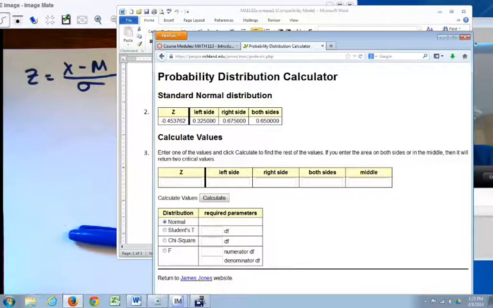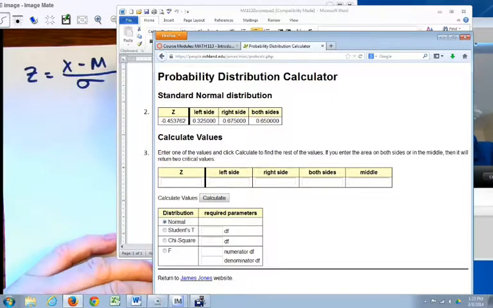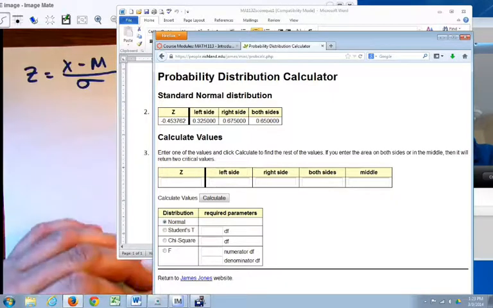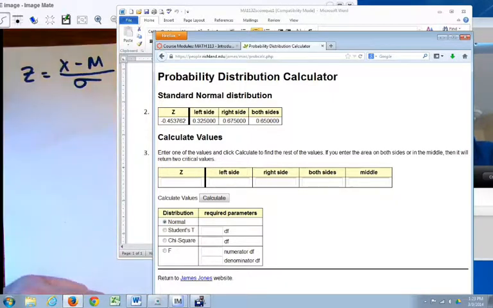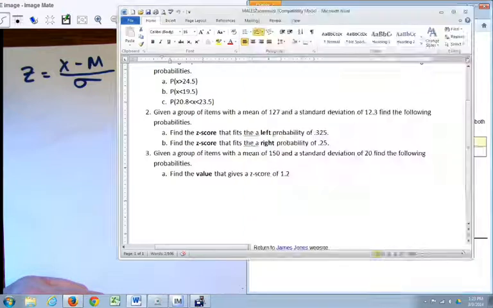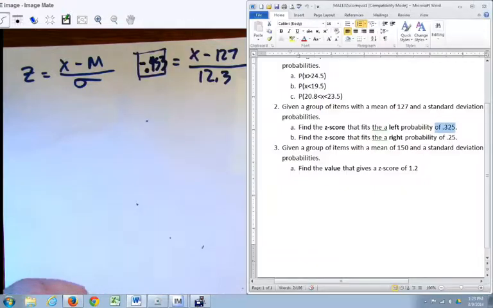And the z-score is negative 0.453. That's the z-score that goes along with it.